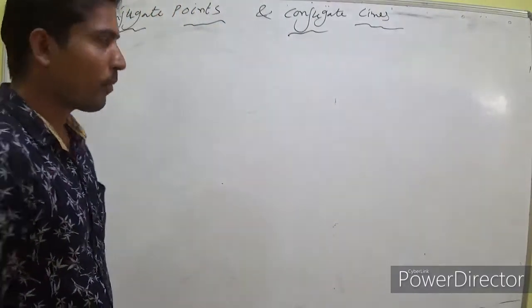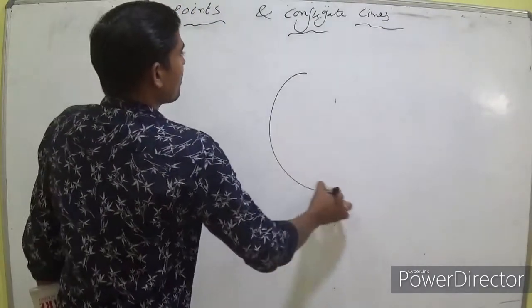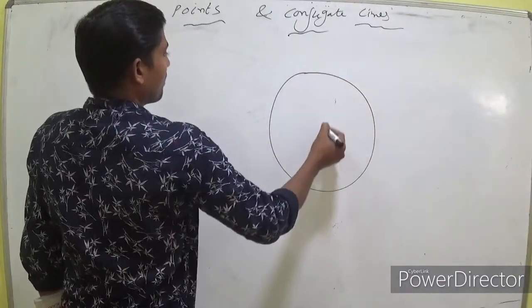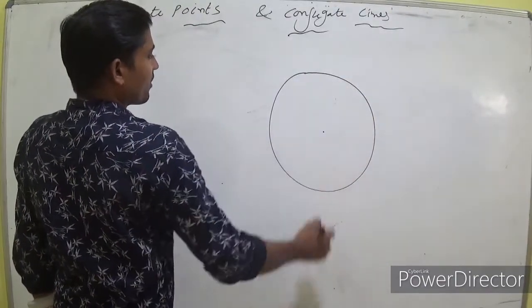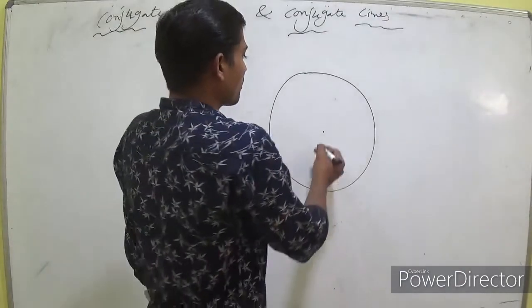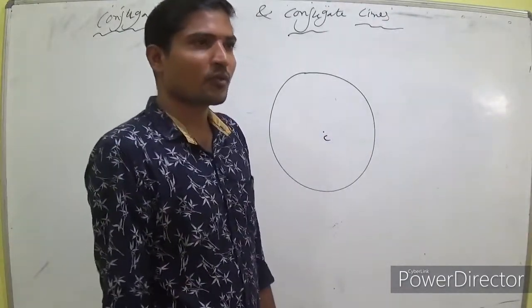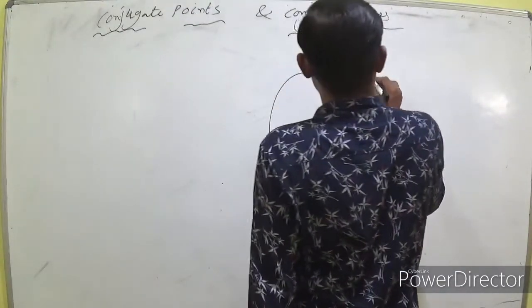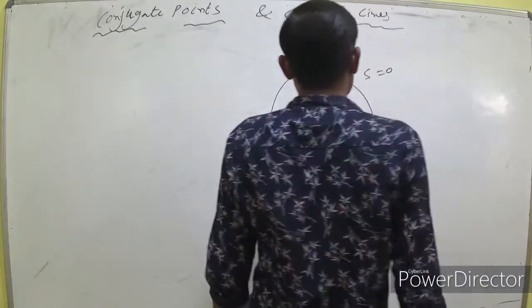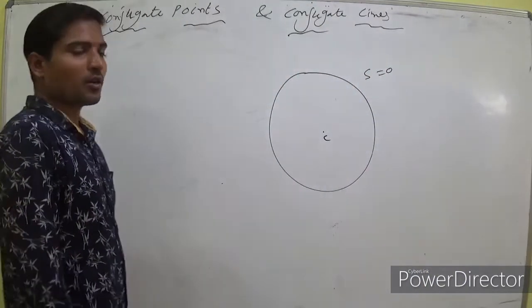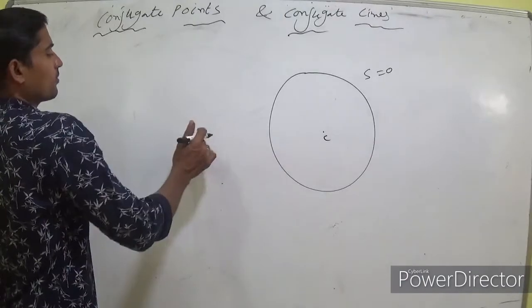See, suppose a circle, center C. Equation of circle S equal to 0. Take 2 points.